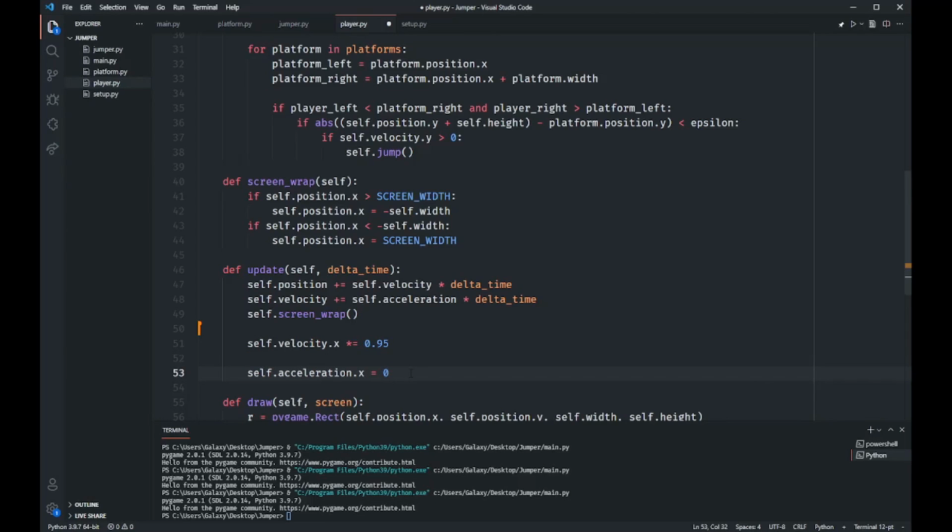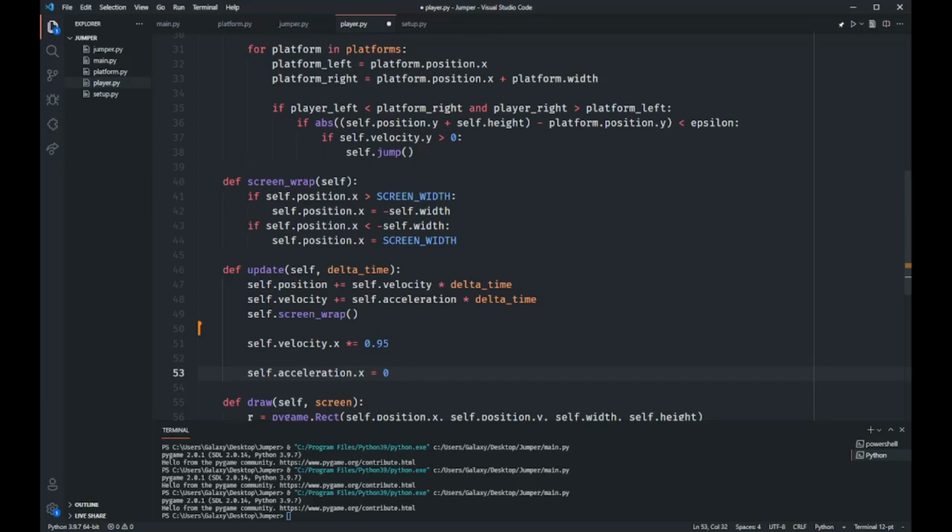So at a certain point, the resistance is going to resist equally as much as the acceleration is trying to push forward. And so the two will cancel out, and the player will reach a top speed. They're not going to accelerate any faster, and they're not going to start decelerating either. So they're going to reach this equilibrium point, I guess, if that's what you want to call it.